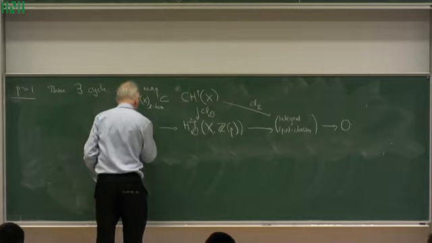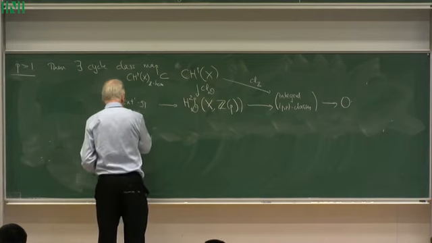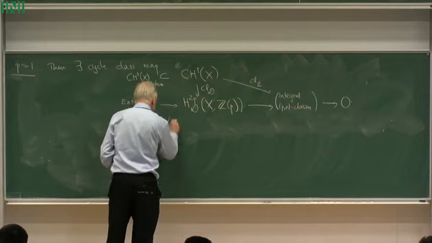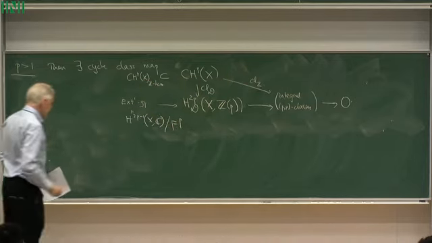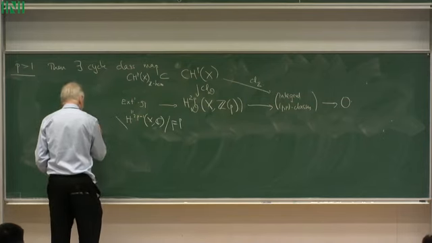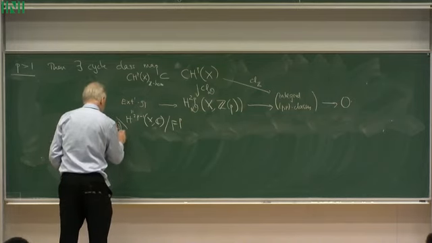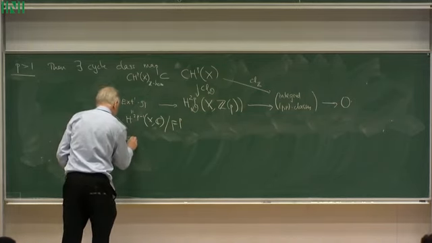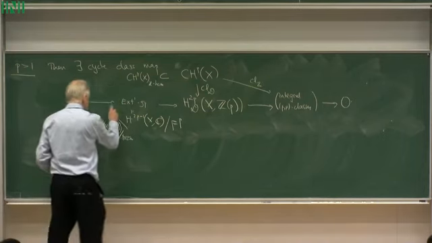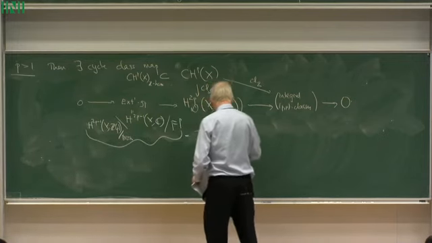This Ext1 group is just H2p minus 1 with complex coefficients modulo the p part of the Hodge filtration and modulo the image of the integer cohomology modulo torsion, obviously. And this group is called J^p of X. This is Griffiths' intermediate Jacobian.